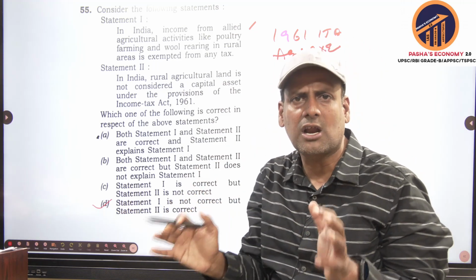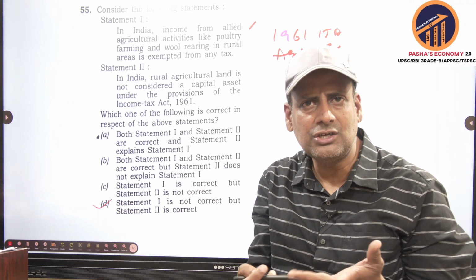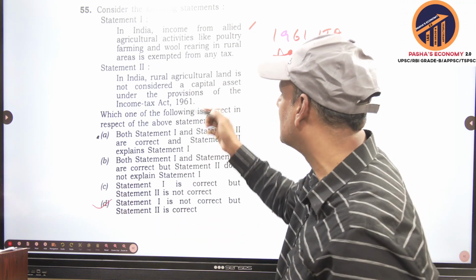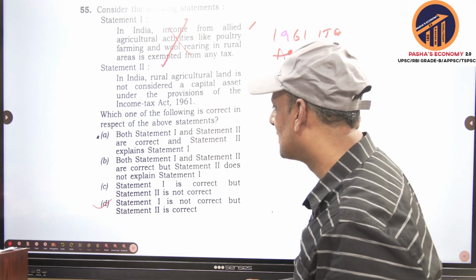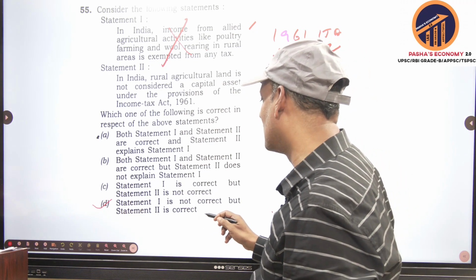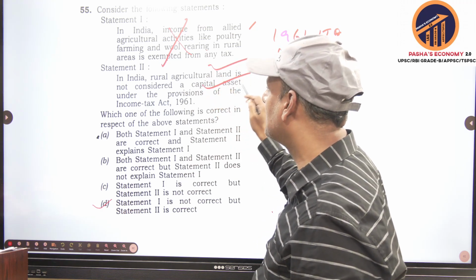Pure farming like crops, not poultry, not livestock, not fisheries, not aquaculture, not forestry. That's the reason the statement is wrong. Clear?